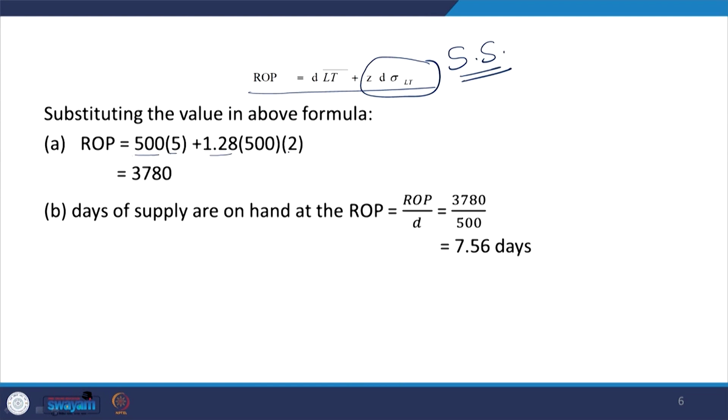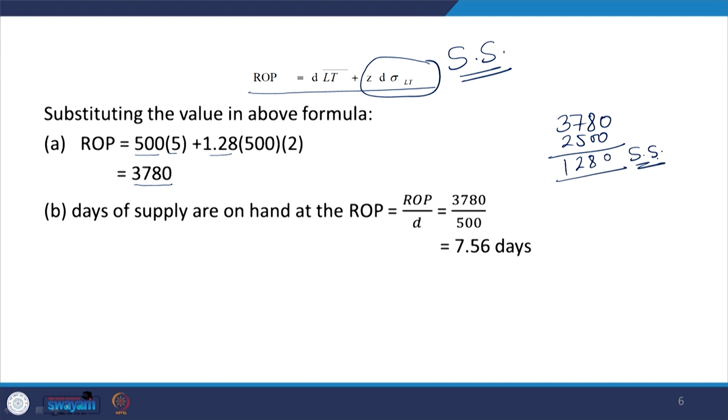So, when we do this calculation, it comes to be 3780. Out of 3780, 2500 is the quantity you are going to have for fixed consumption, and the remainder is the safety stock.